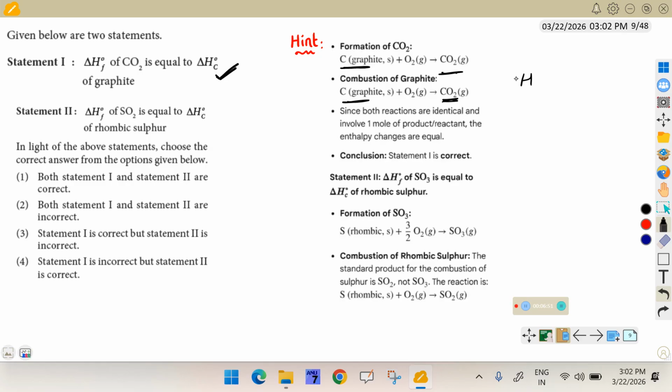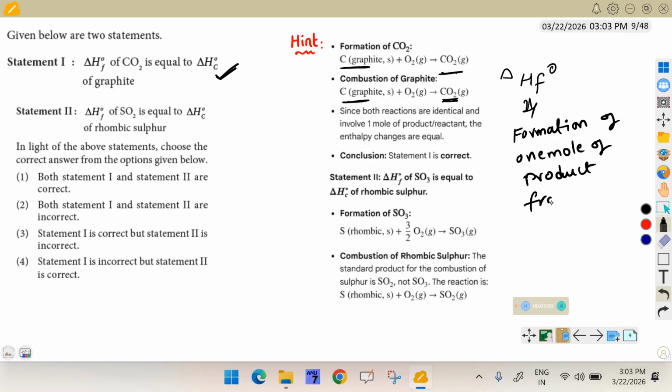Heat of formation of 1 mole of product from its standard state is called heat of formation.